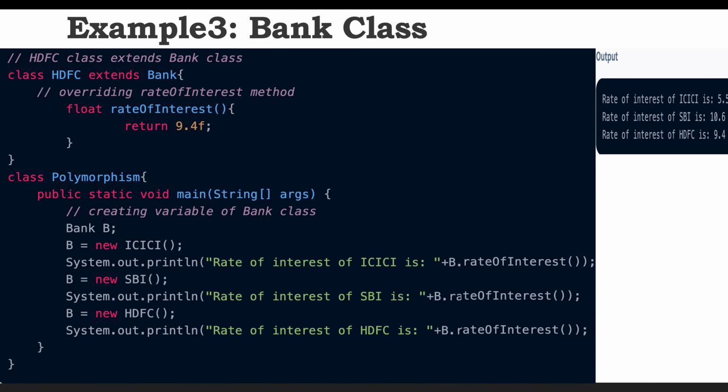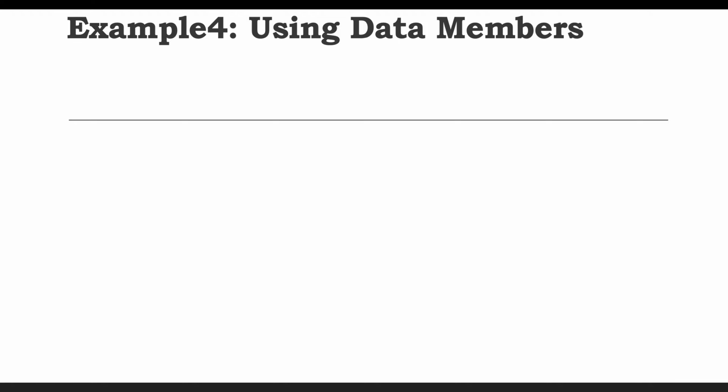So here we have seen that runtime polymorphism is achieved for the method type, right? Let's say we have a variable type. Will that variable also be overridden in the child class, and be achieved using polymorphism or not? Let's say we implement the same logic using a data member; is it going to work in Java?